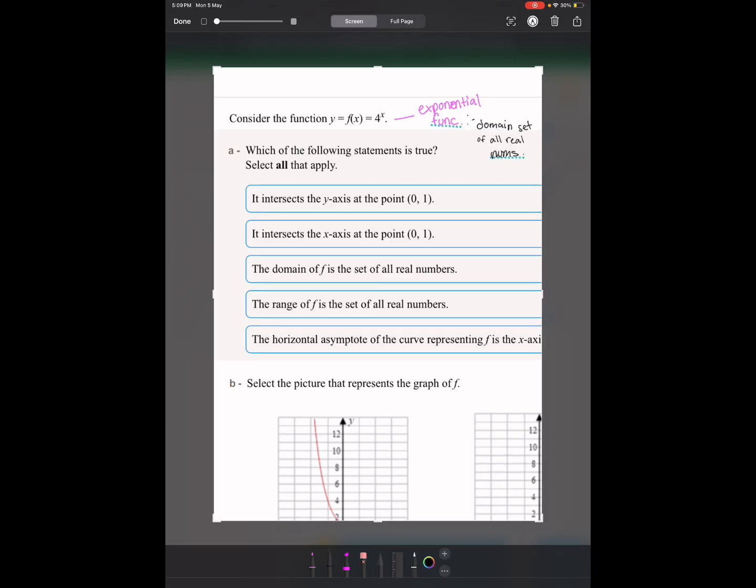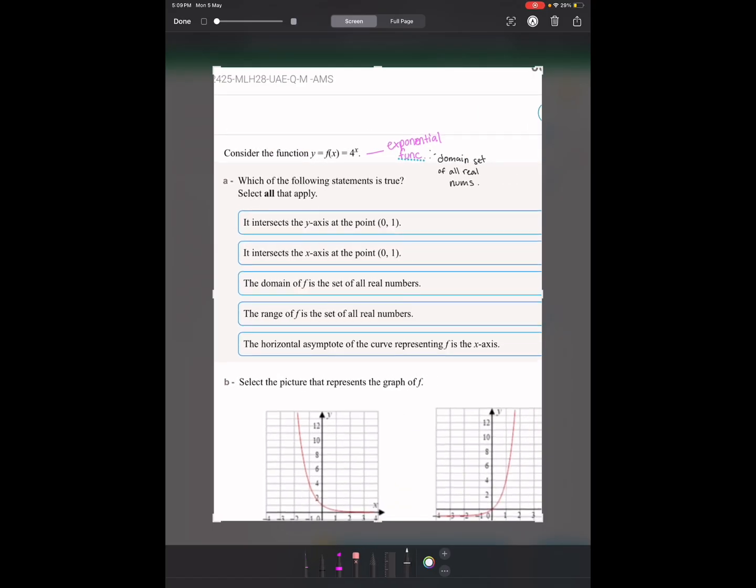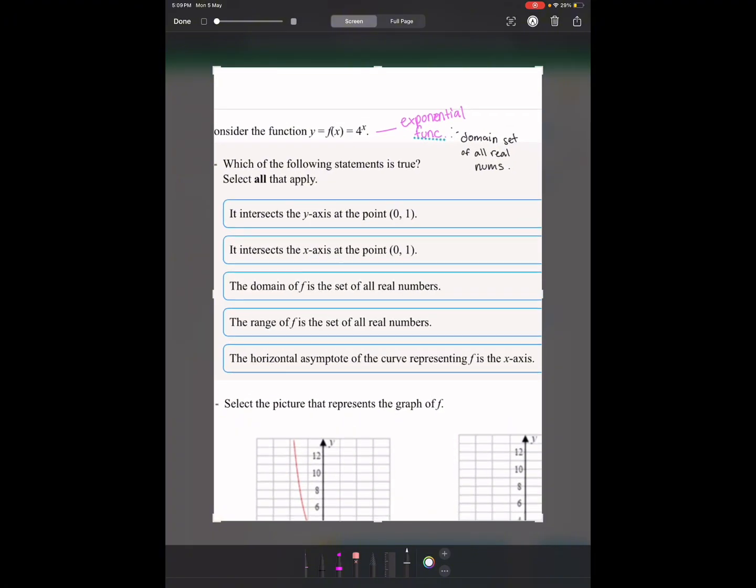Okay, and when you replace x into the power, it intersects the y-axis with whatever answer you got. For example, they're saying if you replace x with 0, you get y to be 1. So y equals 4 to the power of x. They said replace it with 0.